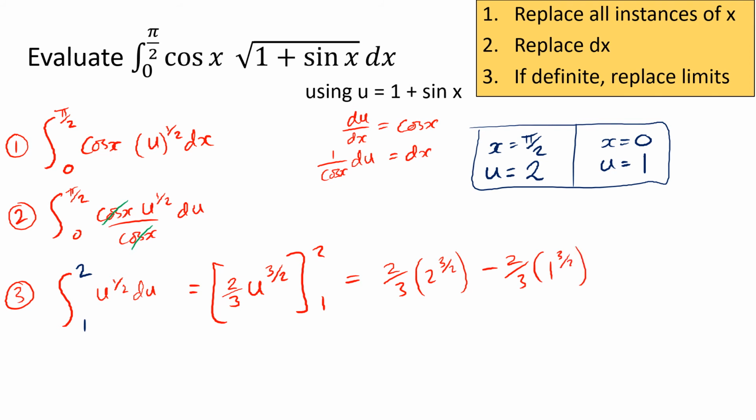And I think this is probably one that you'd want to keep in exact form, because 2 cubed is 8, square root is root 8, I guess. So what we've got here is 2/3 lots of 2 root 2 minus 1. You could put it as a decimal as well if you wanted.